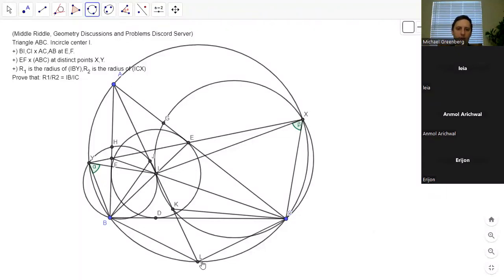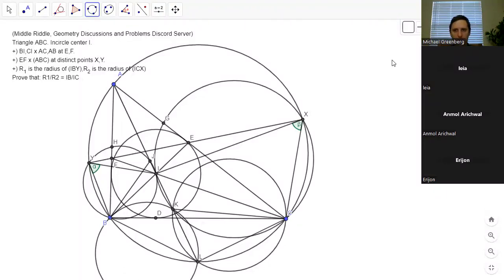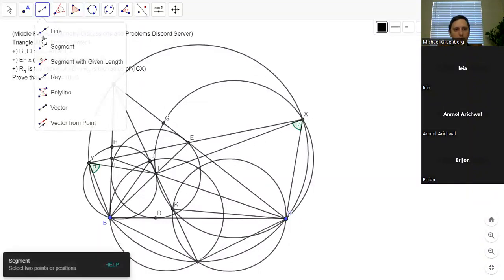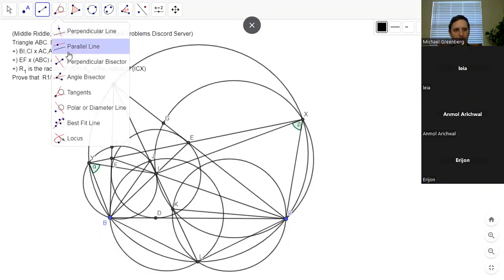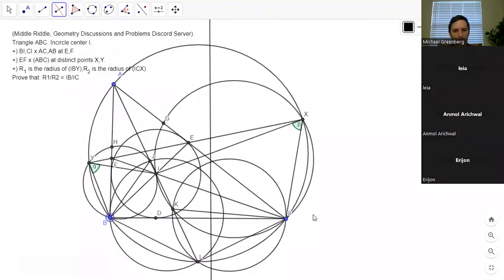But yeah, if these circumcircles have the same size, I would think their radical axis should be the perpendicular bisector of BC. So if I draw the perpendicular bisector, yes, okay.